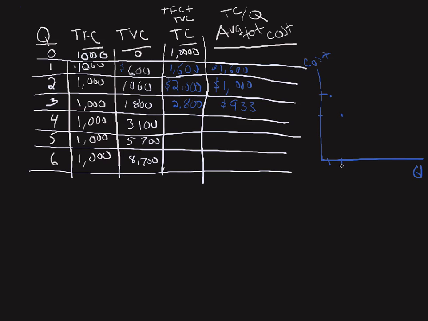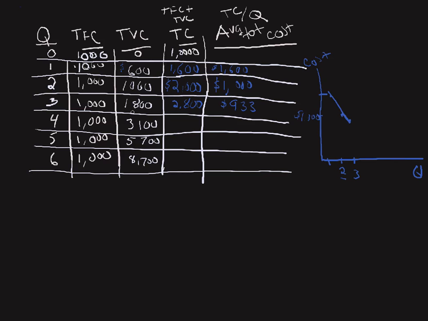So if this is 2, and this is 1,000 over here, then to figure out how much our total cost is, we multiply 2 times 1,000. So that rectangle would be it. But so far, our average total cost is going down, isn't it? How about for 3? For 3, it's still lower than 1,000, 933. So we'll put a dot there, and we go down like that.